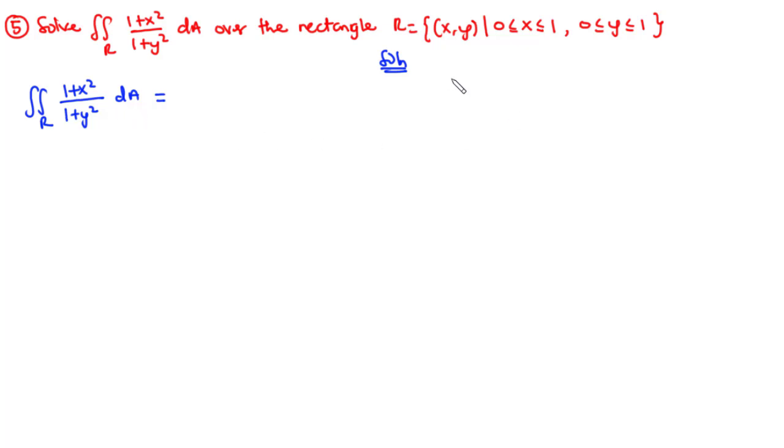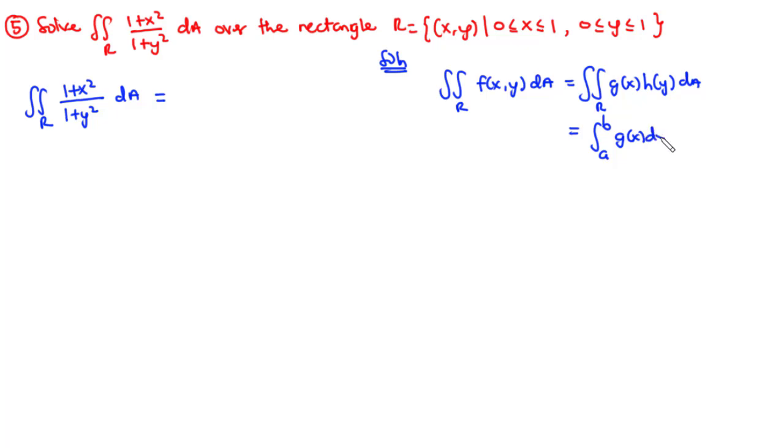Now this property states that if you have the double integral of a function f of xy dA, so long as you can represent this function in the form g of x times h of y dA, then you can express this finally as the integral from a to b of g of x dx times the integral from c to d of the function h of y dy.